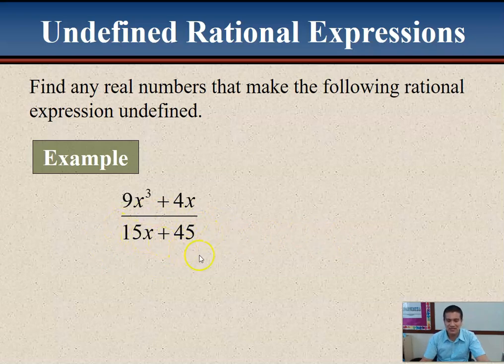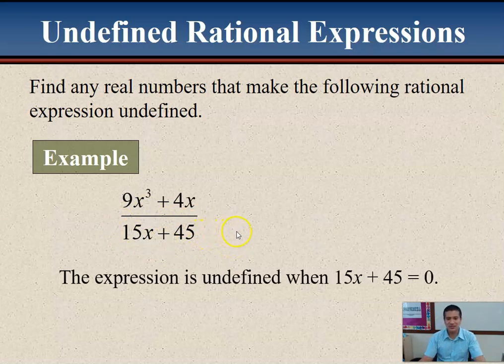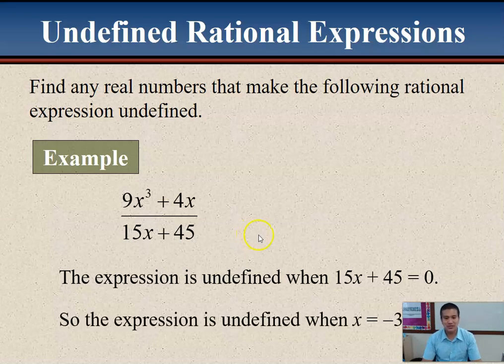We equate it to 0, so 15x plus 45 equals 0, and you will have x equal to negative 3. To check, substitute x equal to negative 3: negative 45 plus 45 gives a denominator equal to 0, which is undefined.